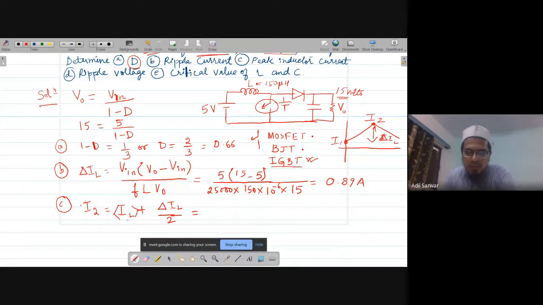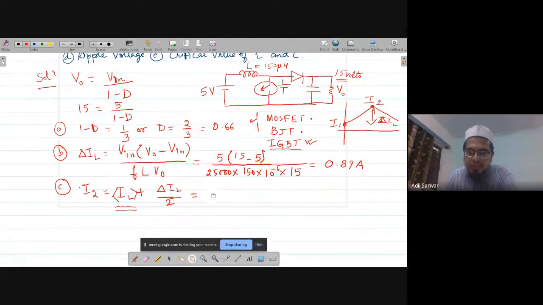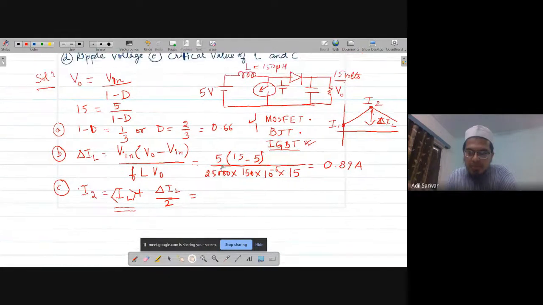Now what about the average inductor current? How to find the average inductor current? Just see the diagram itself.